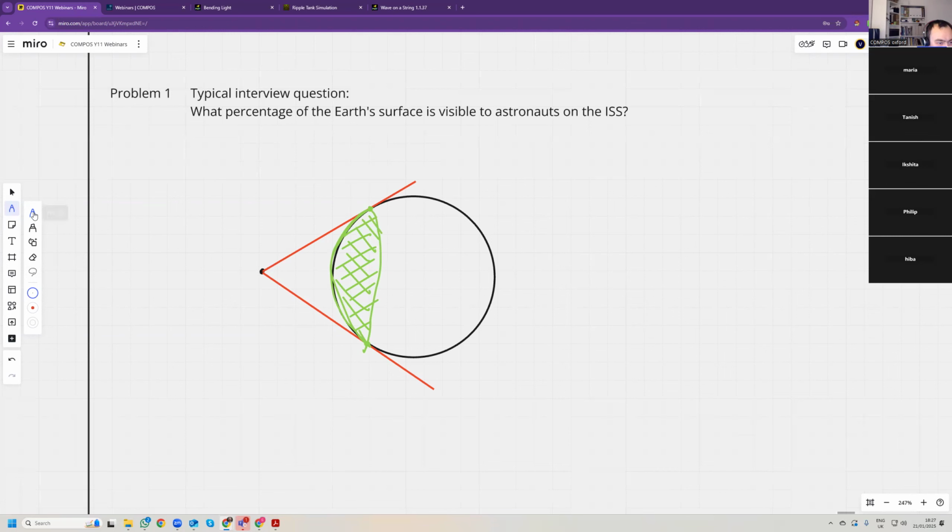Okay, so what do we need? Well, we need the radius of the Earth, which from a quick Googling or quick remembering is 6,400 kilometers. And a quick Googling of the height of the ISS will tell you that this is 400 kilometers. So not that much if you think about it.